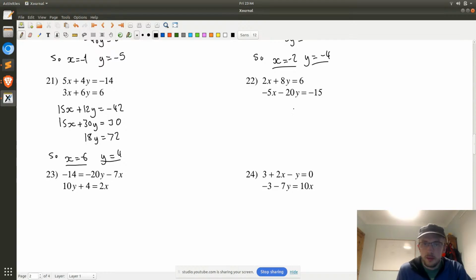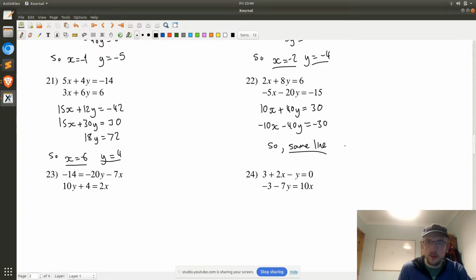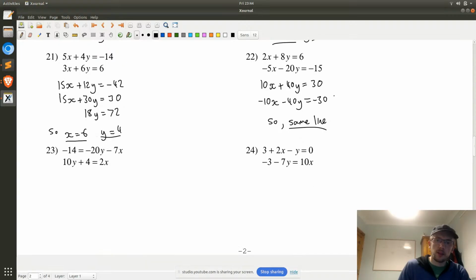Here. Oh, by 5. By 2. Oh, cancel, cancel. Look at that. They're the same line. x and y can be whatever I want. Yeah. The bottom is 2.5 times the top.